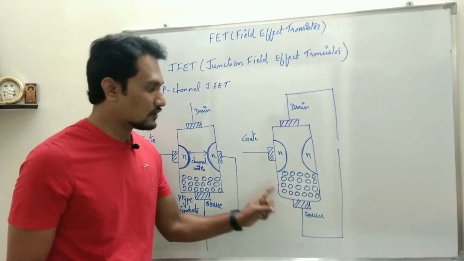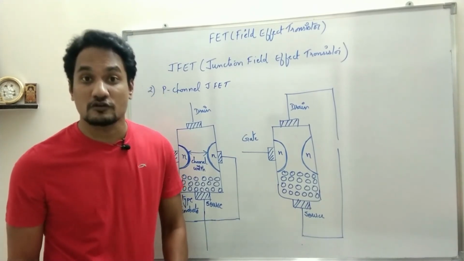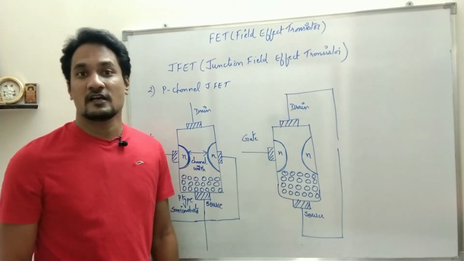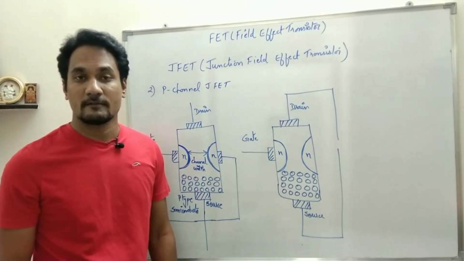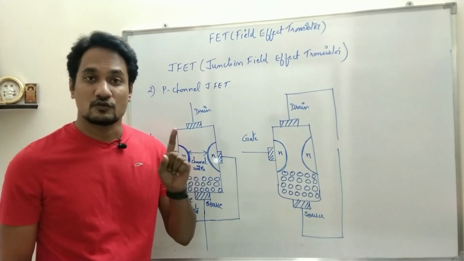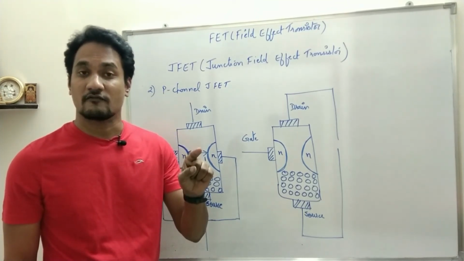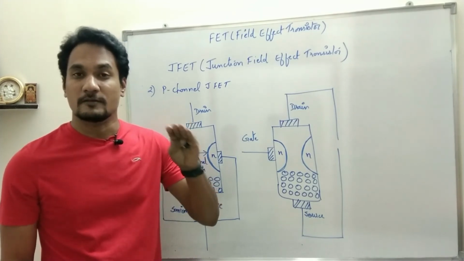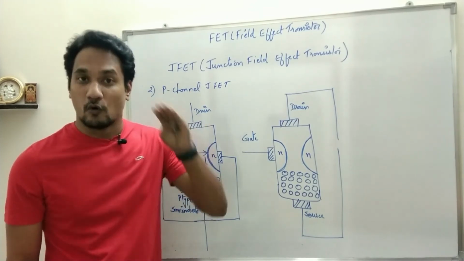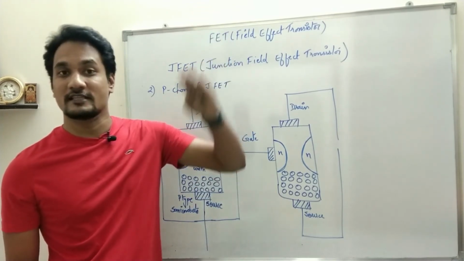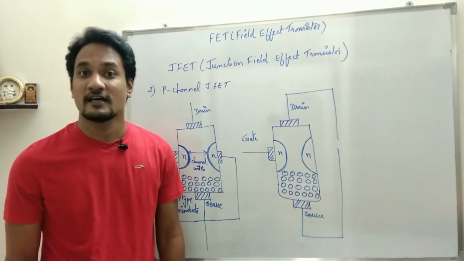Now just look at the circuit diagram and tell me what should be the potential applied between source and drain so that current flows from source to drain? First, we should know that the current in a p-channel JFET will be because of holes. So holes have to move from source towards drain, only then we say the current is flowing through the transistor.